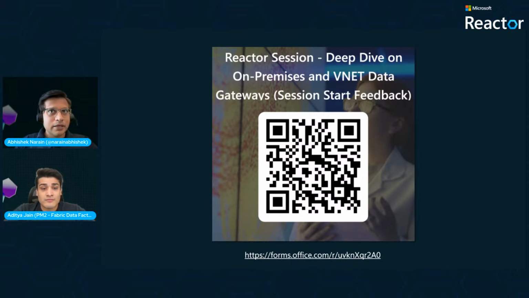Let's get started. If you can take a snap of this QR code, and this is for live audiences, give us a quick heads up with responses to these quick questions that we have, and that'll help us monitor and tailor the session as we move on.